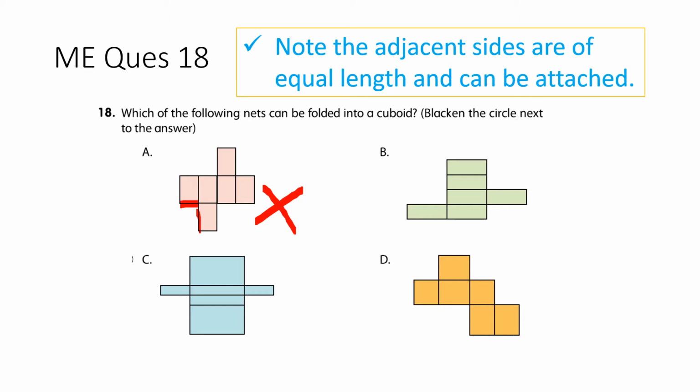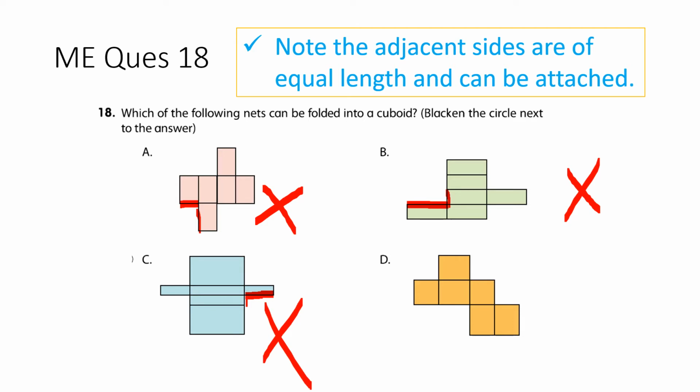And let's see B. Again, we choose one pair of adjacent sides, this one and this one. Can they be attached? No, they are different in length. And similarly for C, I can randomly choose the adjacent sides. Again, this one cannot be attached, so C cannot be folded up into a cuboid.